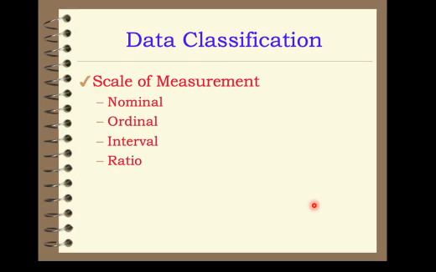Now, we also have what we call the scale of measurement. And we have discussed this with you last time, so we'll just identify them: the nominal, the ordinal, the interval, and the ratio. Now, nominal and ordinal scales of measurement can be seen as qualitative data, and interval and ratio scale measurements can be seen as quantitative data.